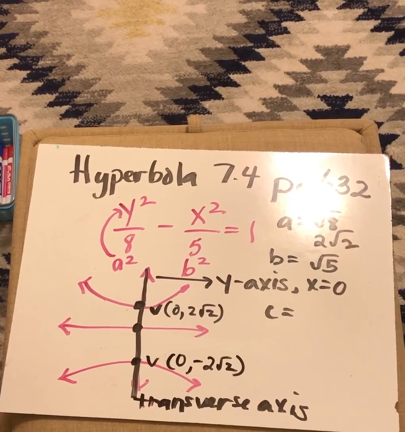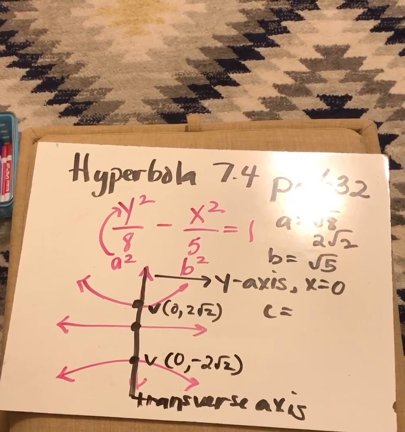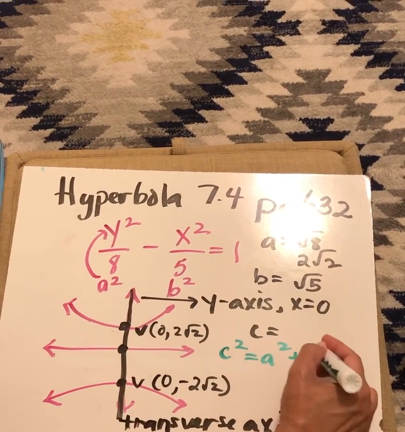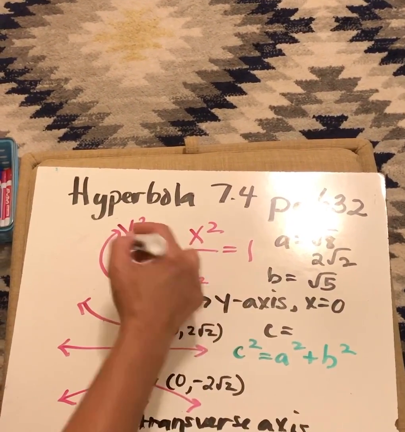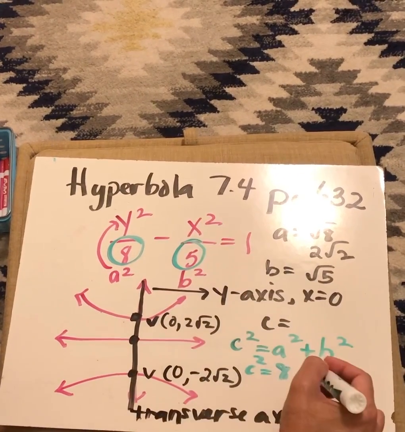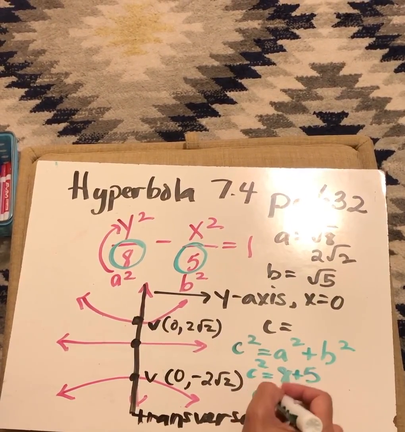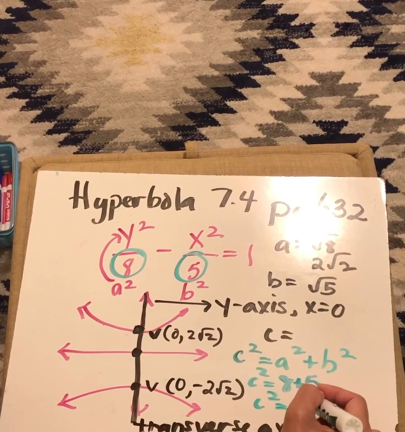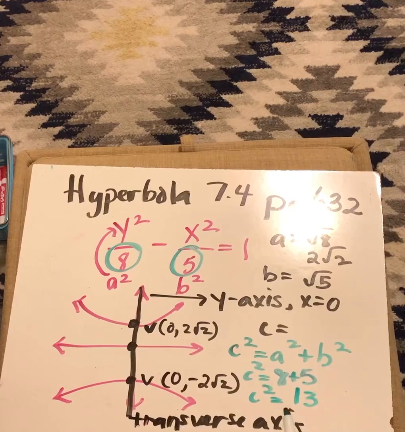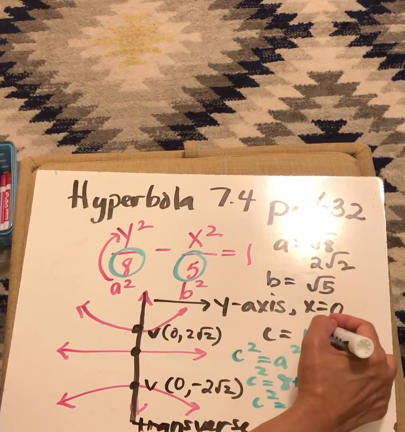So again, the relationship that we can use is c squared equals a squared plus b squared. So here's a squared, which is 8, and b squared, which is 5. So c squared is going to equal 13, sorry. So c is equivalent to the square root of 13.